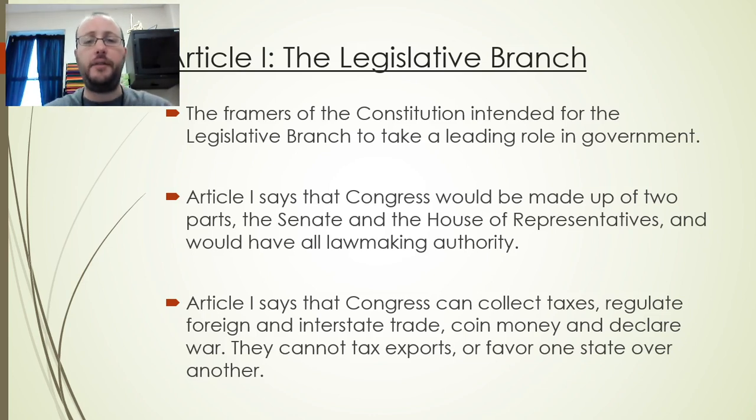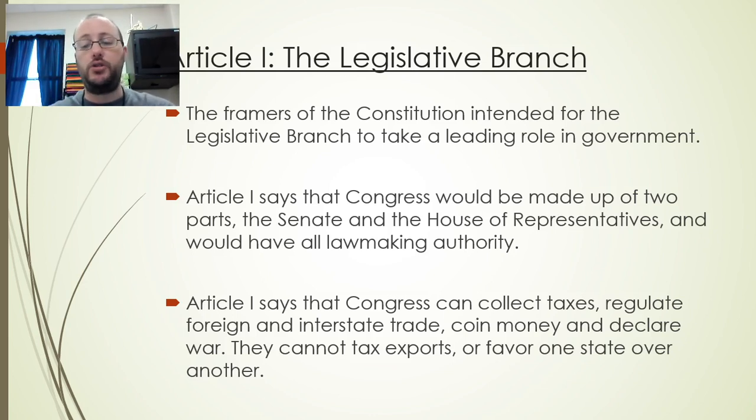So the idea behind it is that it gives Congress the power. It says that Congress can collect taxes, regulate foreign and interstate trade, make money, declare war. They cannot tax exports, or they can't favor one state or another.